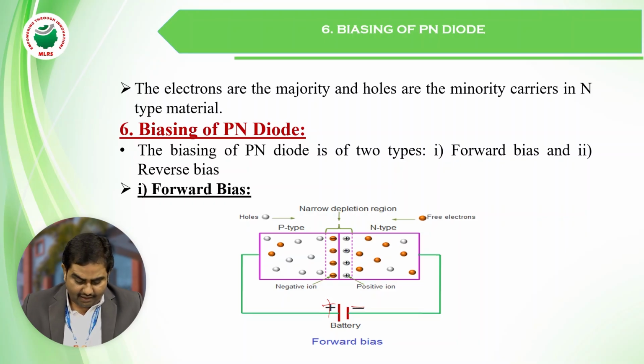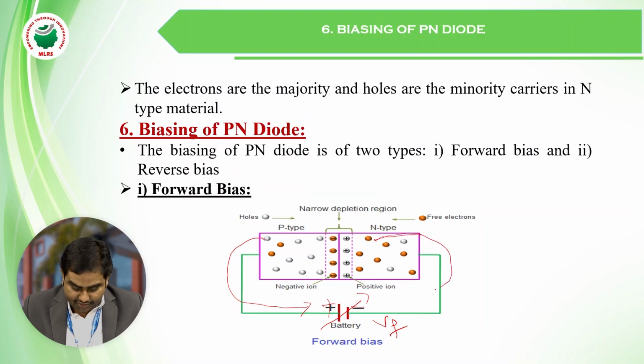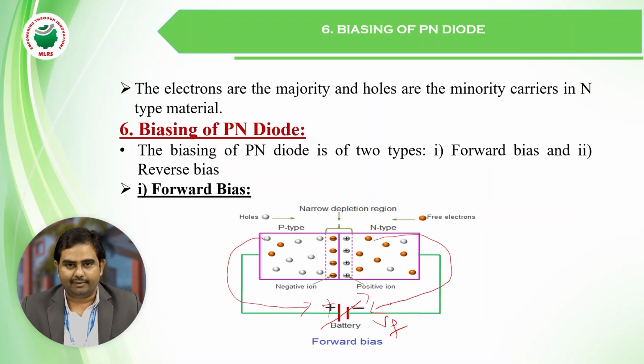Initially, if we connect the p-type material to the positive polarity of the battery as well as the negative polarity to the n-type material, and keep increasing the forward voltage, first of all the charge carriers in the p-type material, that means the holes, try to reach towards the battery, as well as the majority carriers, the electrons in the n-type material, try to reach towards the negative polarity of the battery.